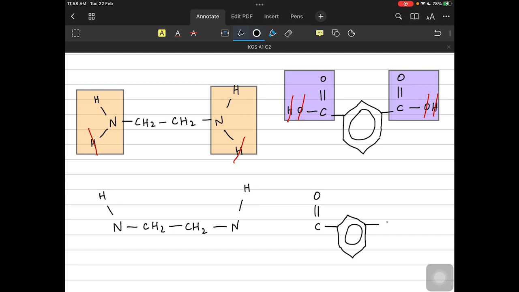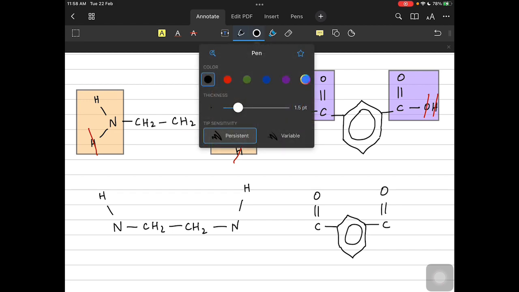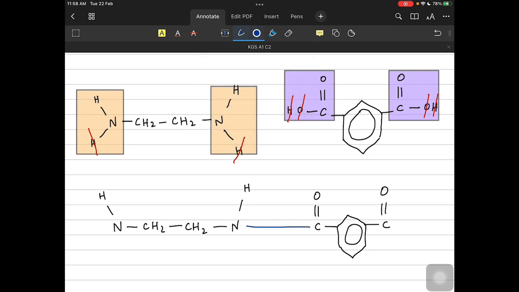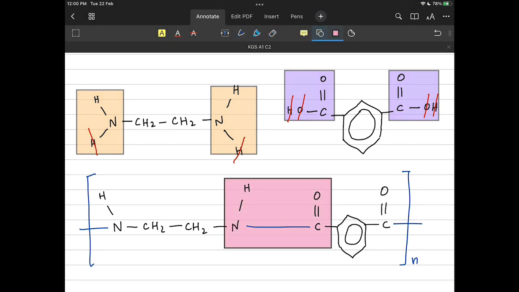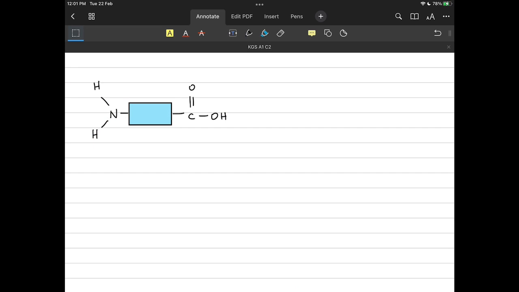So you copy the hexagon, the ring, the carbon double bonded oxygen, but you don't copy the OHs on both sides. Now you connect both the monomers and you make extended bonds from left to right. This is your polymer ready. The amine lost the hydrogen from both sides, the carboxylic acid lost the OH. What you have in the middle is amide linkage, nitrogen, hydrogen and carbon double bonded oxygen.